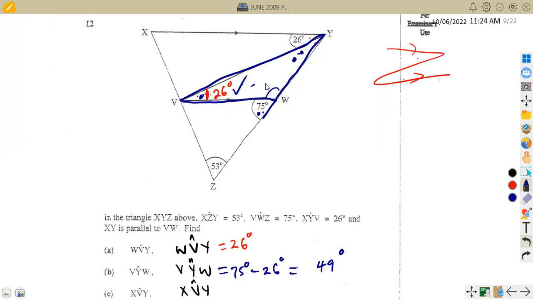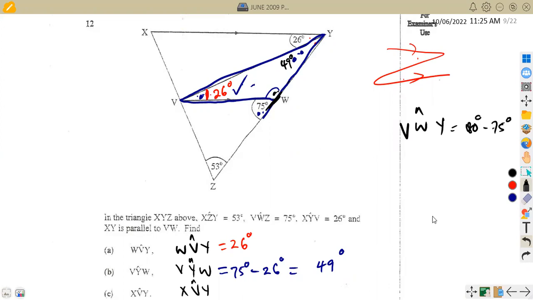All right, so this angle that we see here is going to be 49 degrees. Or we could have calculated this angle W. How do you calculate this angle? You subtract from 180 since they are on a straight line. Then using angles in a triangle, we could have calculated VWY first, which was going to be 180 minus 75 because they are on a straight line.